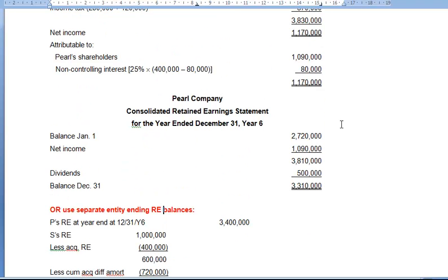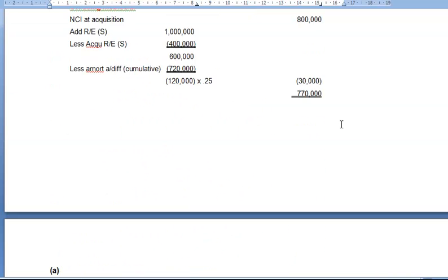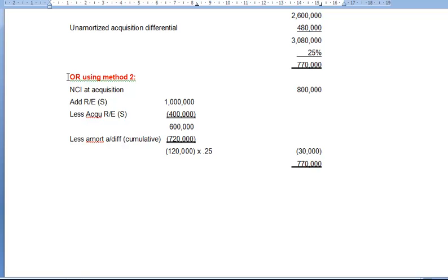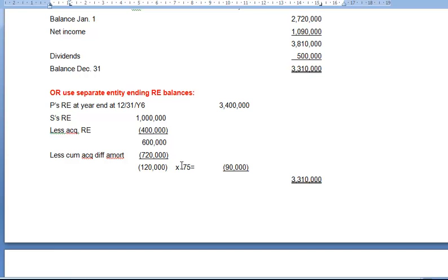You'll recall we did this calculation up here. We were calculating NCI using method 2. So we're picking up this number here. Now, don't forget, because we're doing consolidated retained earnings, we're only looking at the retained earnings that the parent is picking up from the sub.